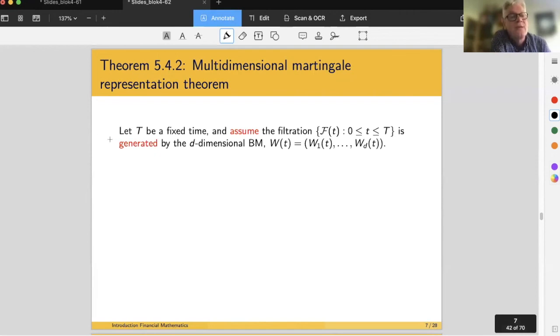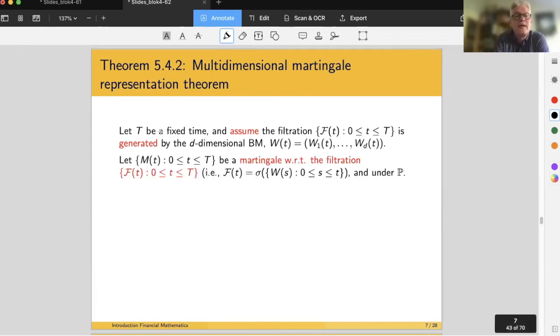Remember that we had a fixed time capital T, and we assume a filtration F_t between 0 and capital T, and we assume that that is generated by the d-dimensional Brownian motion. So we have our vector valued W_t, and that consists of W_1t, W_2t up to W_dt, our d-dimensional Brownian motion. And that was a special filtration.